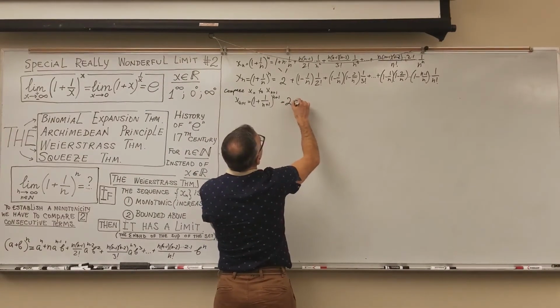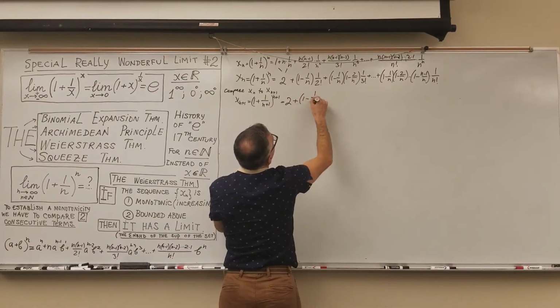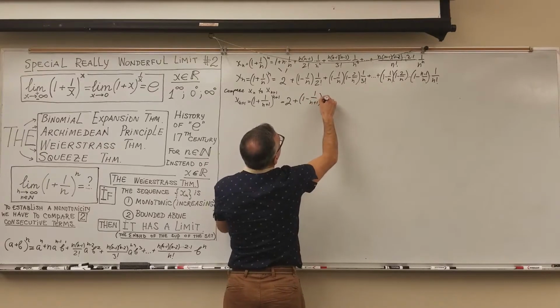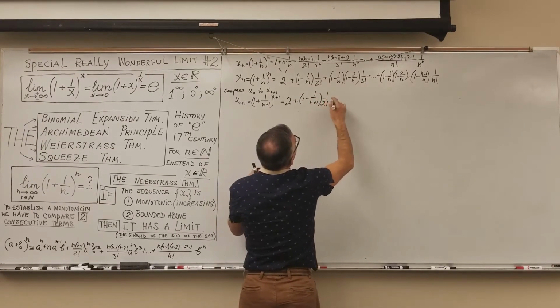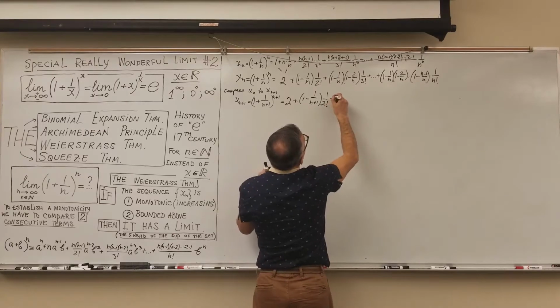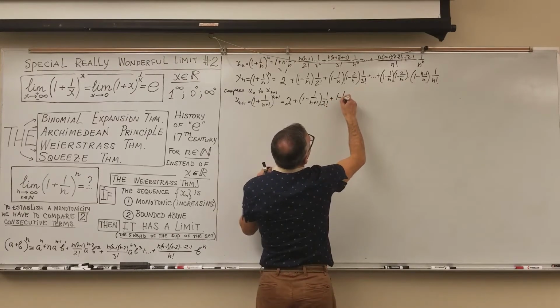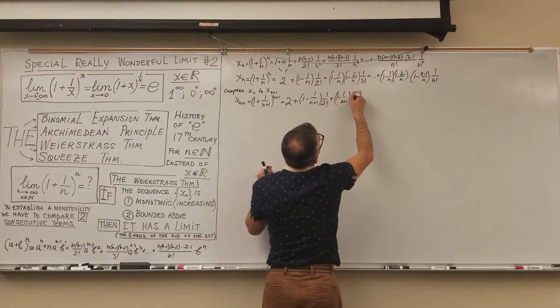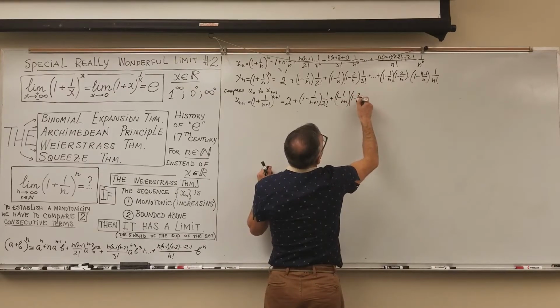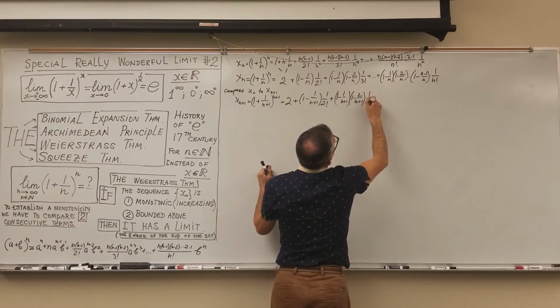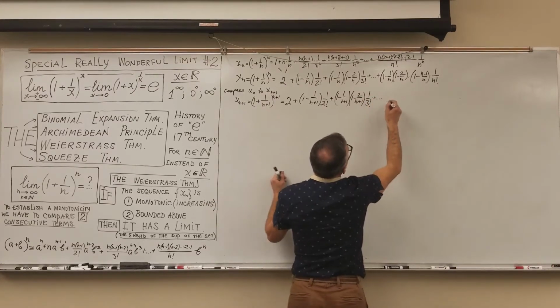So you have 2 plus (1 minus 1 over n plus 1) times 1 over 2 factorial, plus (1 minus 1 over n plus 1)(1 minus 2 over n plus 1) times 1 over 3 factorial, plus and so on.